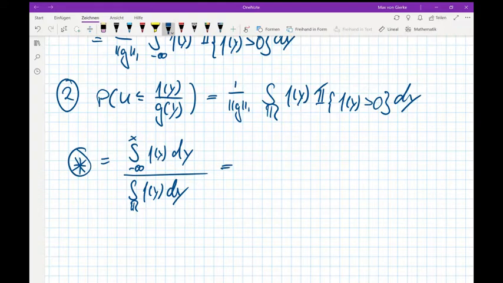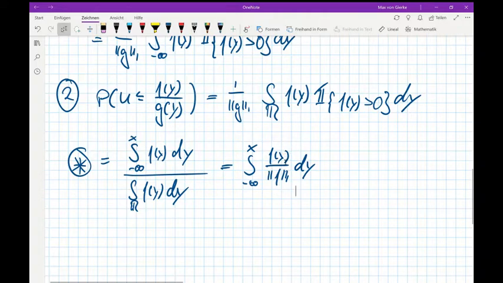This part here is just the L1 norm of f, as you can see, which means that our expression here is f(y) over the L1 norm of f, dy.